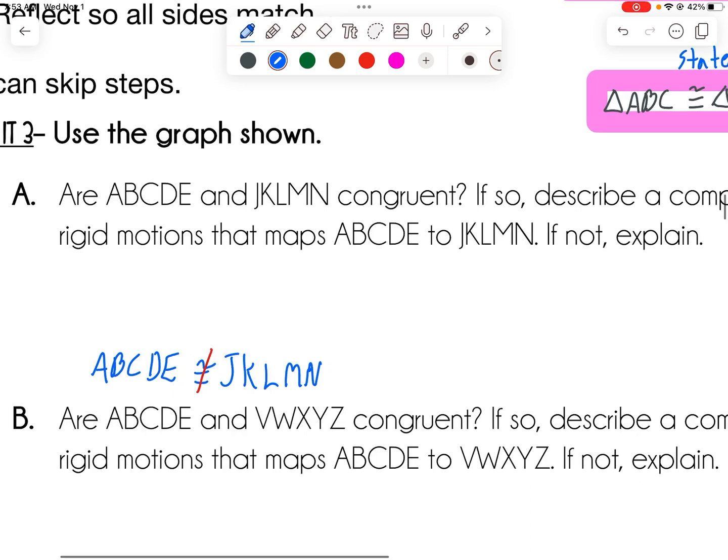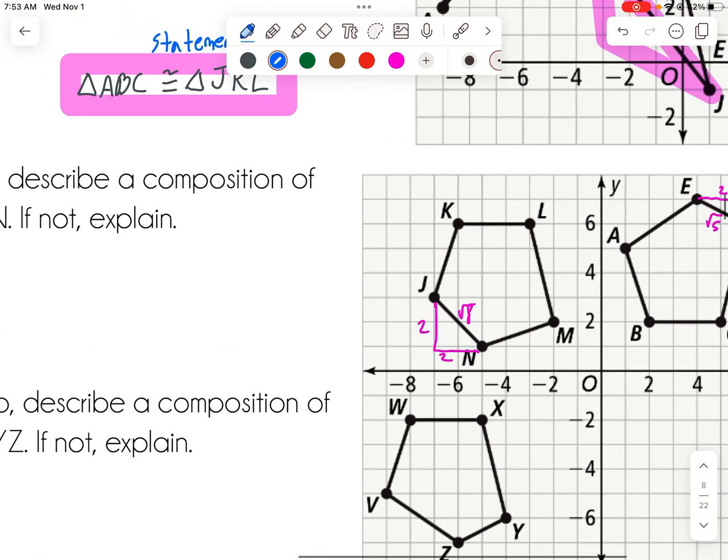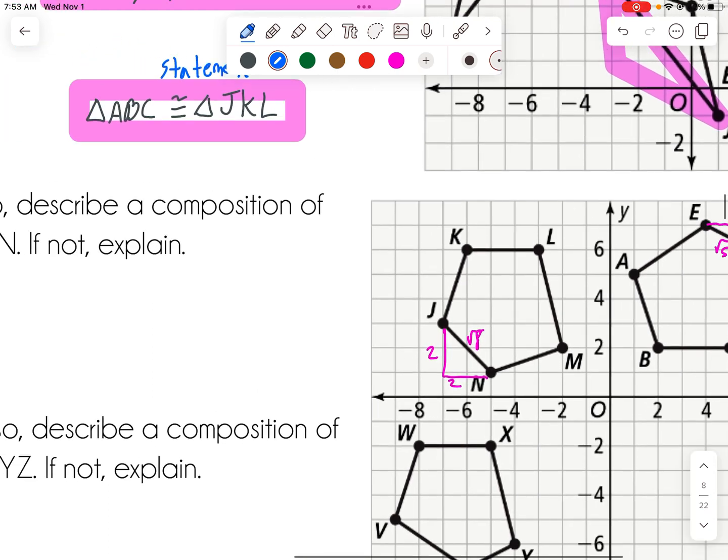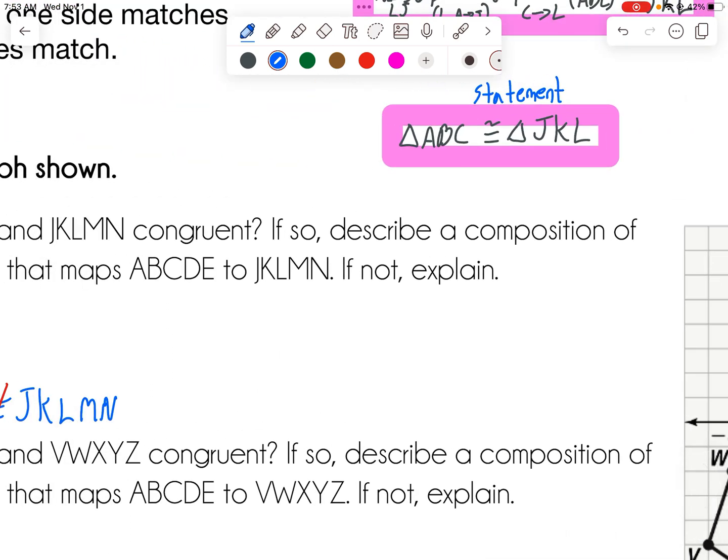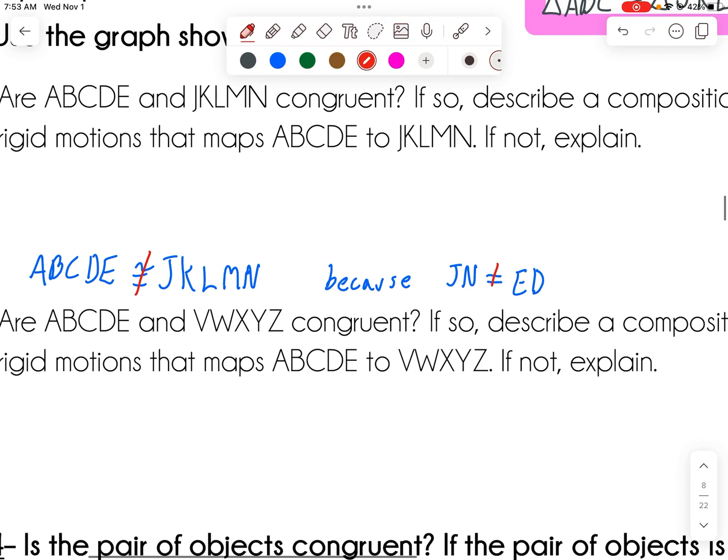Well, my reason is I found out that JN is not equal to ED. So I'm going to say because JN is not equal to ED. And that line segment should be equal for it to work. To say that it's not equal, I'm going to put a cross through the equals.